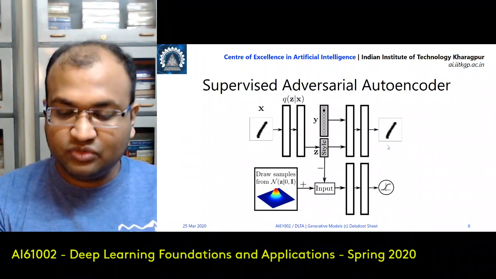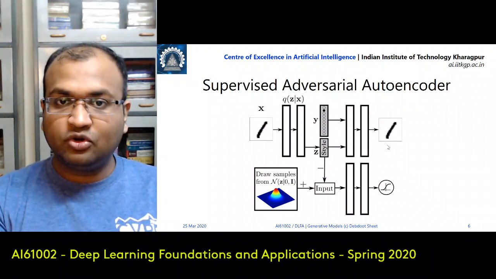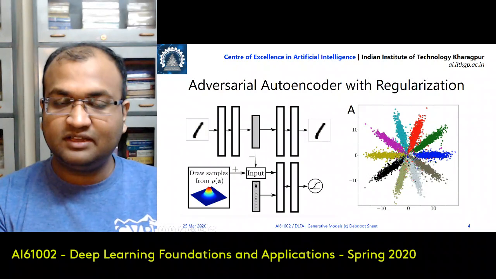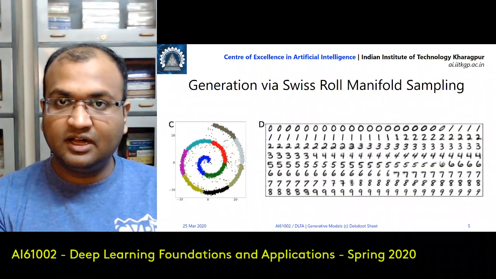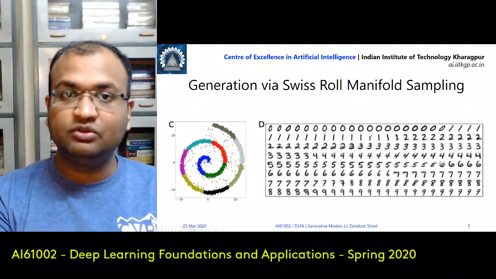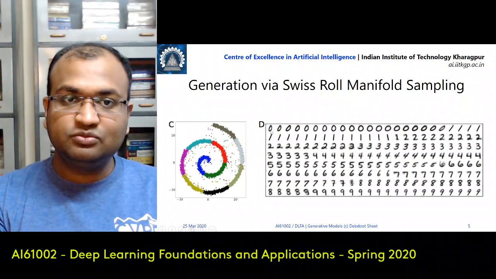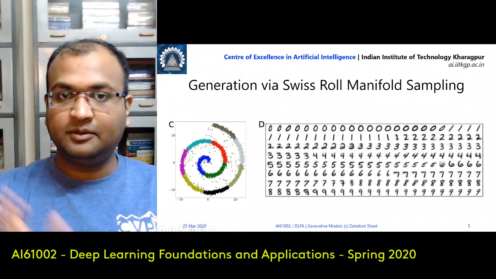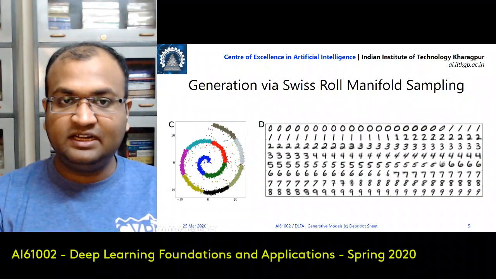Then you would see that, contrary to the earlier mechanism, say the earlier case with regularization, where you were able to generate numbers for a particular class but did not have control over how that would look. So I would pretty much assume that these two are being written by the same person, because they're all on my right inclination.